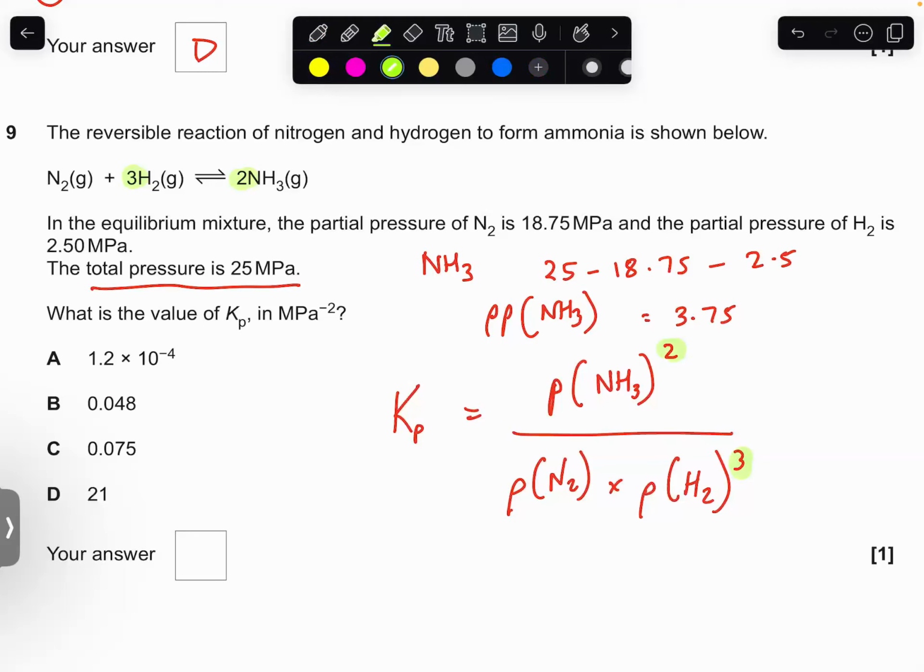Let's divide that by nitrogen, which is 2.5, and then multiply that by, wait, no, it's not, 18.75 multiplied by 2.5 cubed. I think I got the numbers mixed around. Yep, 0.048. I got this one and this one muddled up. That's what a lapse of focus could cause, ladies and gentlemen. The answer is B, and the mark scheme supports that.